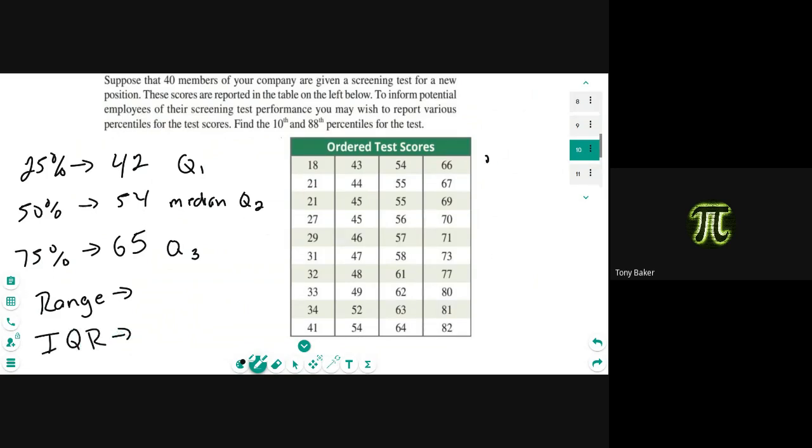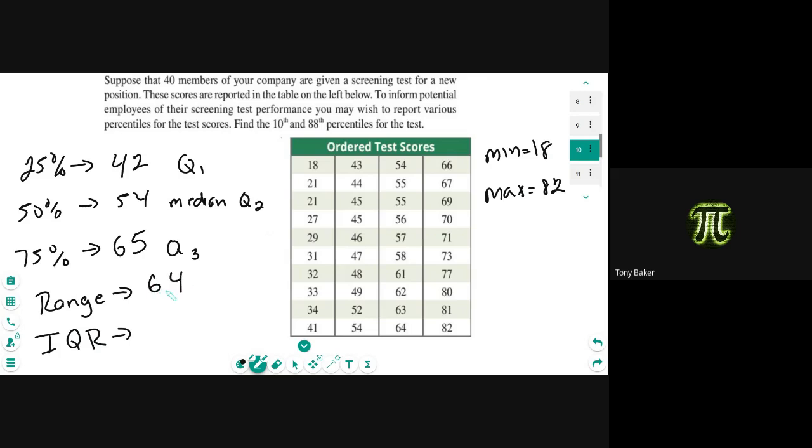What's the minimum number? 18. And the max number? 82. What's the range? So range, you're taking the highest number and the lowest number and subtracting.